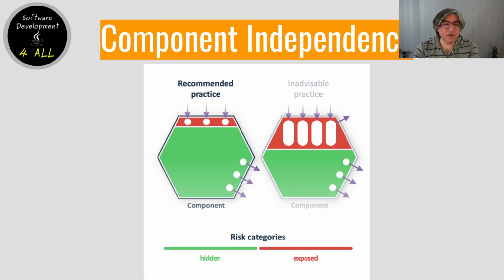Then we have the component independence. It talks about hidden and exposed code. The more hidden code, the better, and the less exposed code, exposed dependency really. It talks about how much dependency there is. If your component is dependent on one, two, three, or just one, and it's very limited, so most of the code in this component is used here, and even other classes can be dependent on it, that's fine.